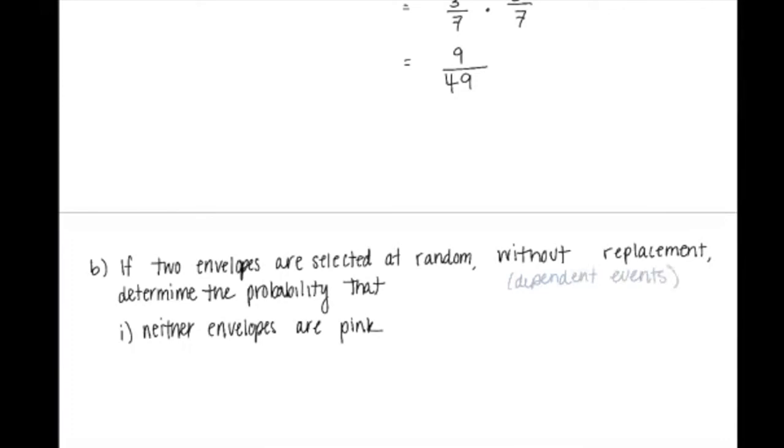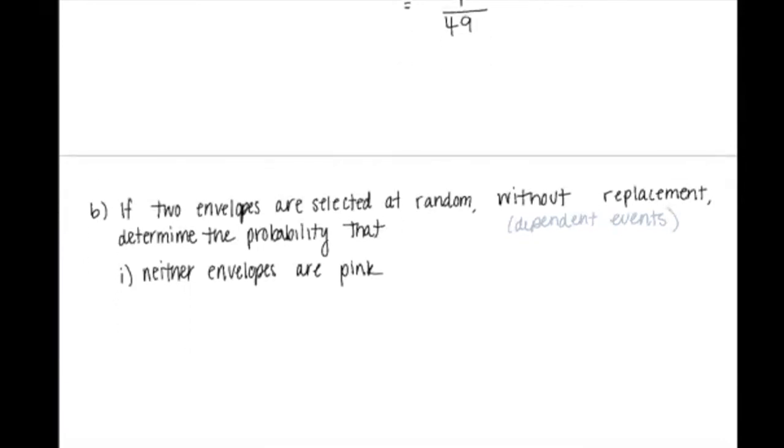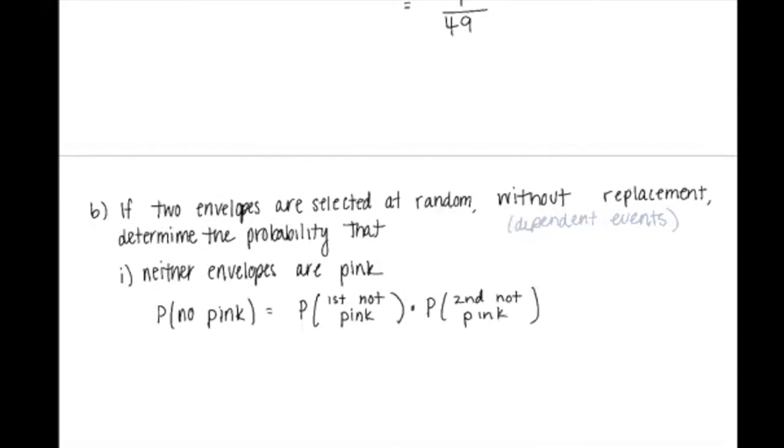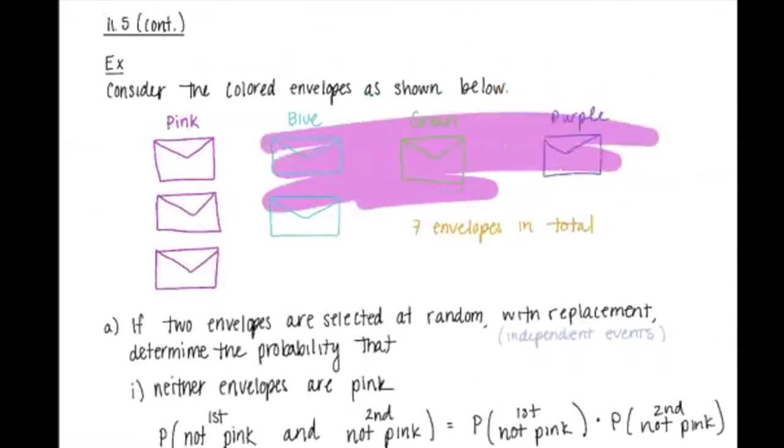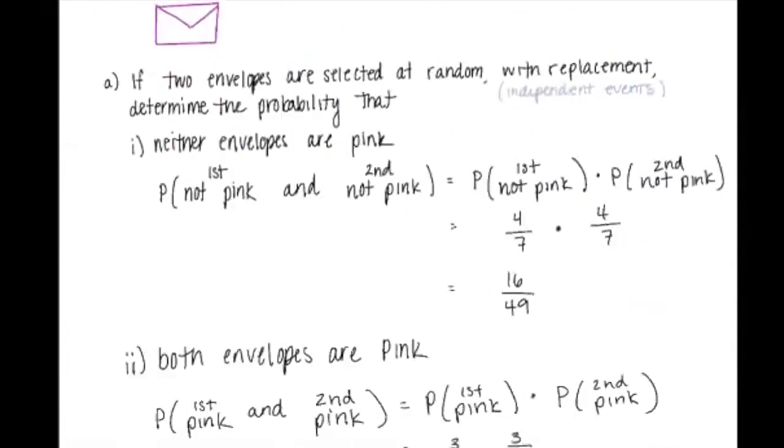Okay. The probabilities are still calculated in the same way. If I want the probability neither is pink, the probability of no pink envelopes is equal to the probability the first is not pink times the probability the second is not pink. So same exact setup. First draw is still the same. I have 4 out of 7 envelopes that are not pink.